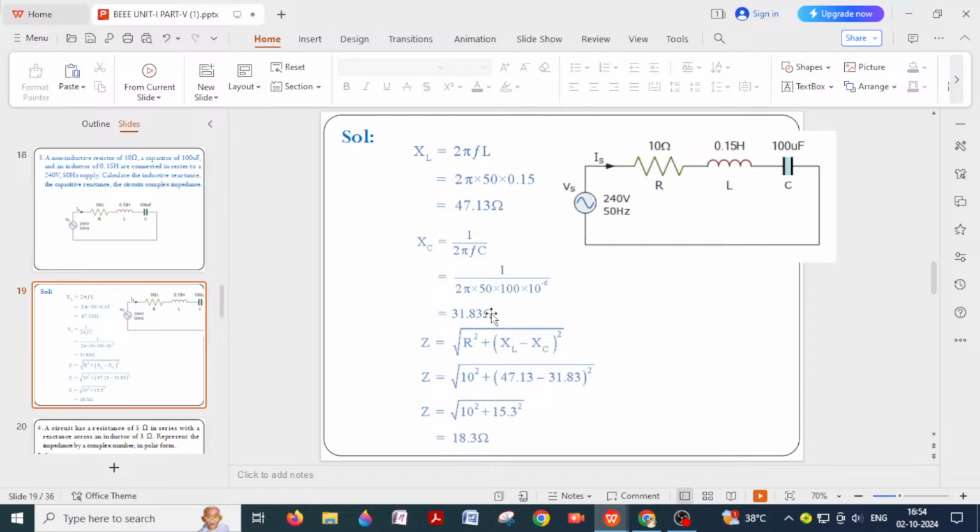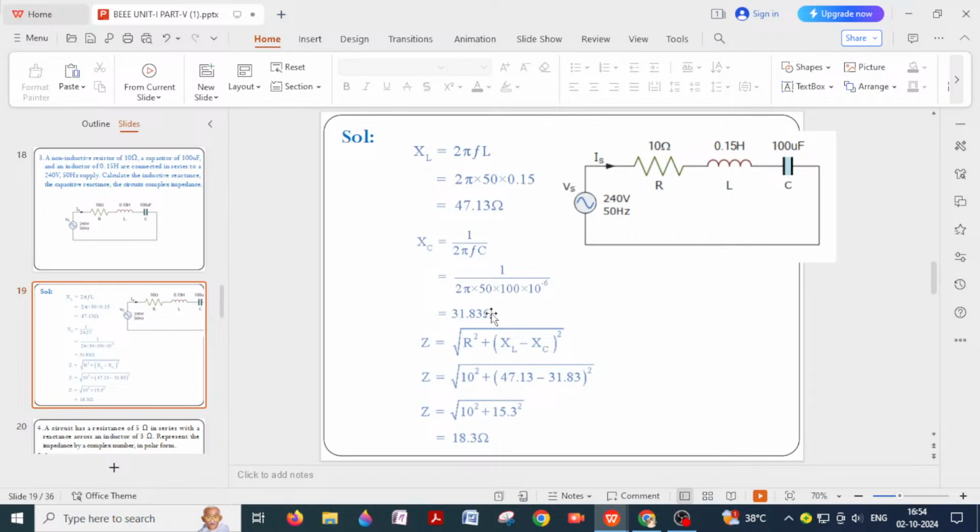I am going to draw this circuit. There is a resistor and an inductor, both connected in series, R and XL. Did they give the XL value? They have given the inductive reactance, the reactance of the inductor, in ohms.